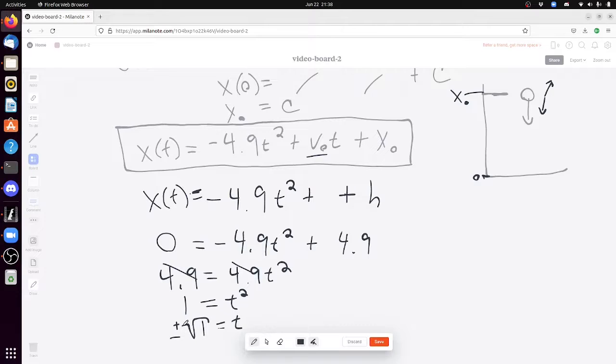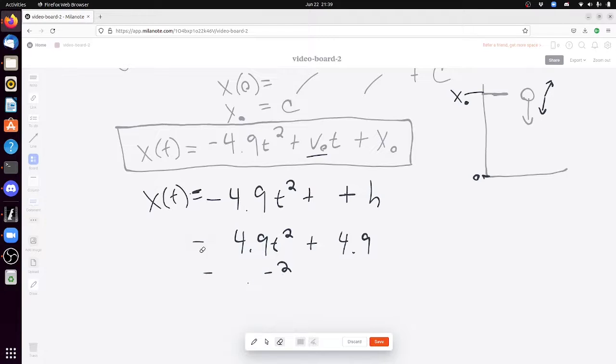We're restricting the domain for the time to all positives, so we get rid of that. So basically, what this tells you is that if you start off 4.9 meters above the ground and drop the ball, it'll hit the ground in exactly 1 second. That's the implication of Newton's equation, using actual numbers, and you can plug in different numbers here.